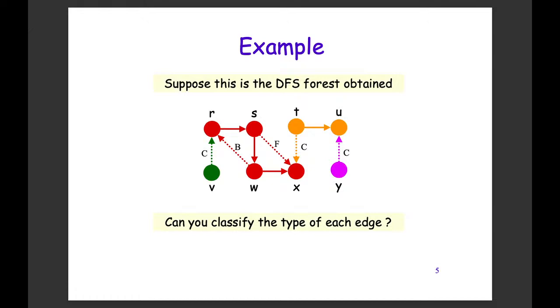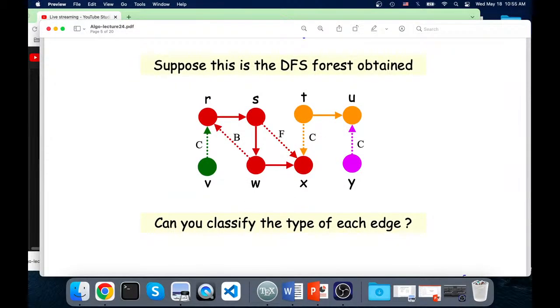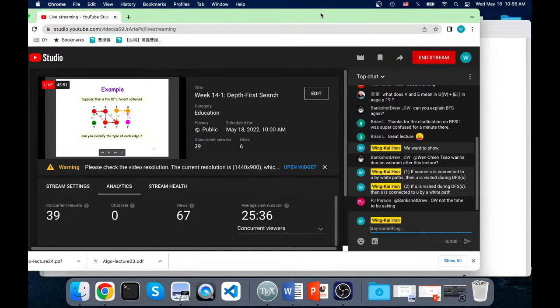Let me see. No, we can't. So a cross edge is an edge that is not a tree edge, and not backward and not forward. If you're okay with this, let me double check if everyone is okay. Okay, good.